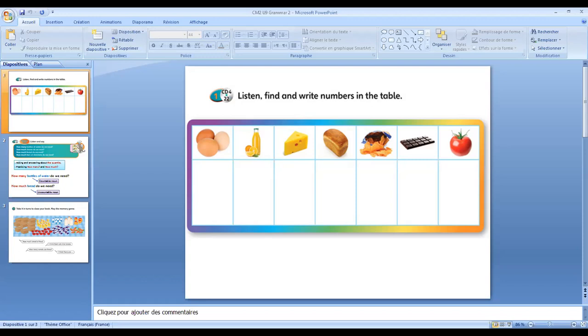How much chocolate do we need? I think we need 2 bars of chocolate. Okay then. And crisps? Maybe 4 packets? 4 packets of crisps? Okay, put them over there.